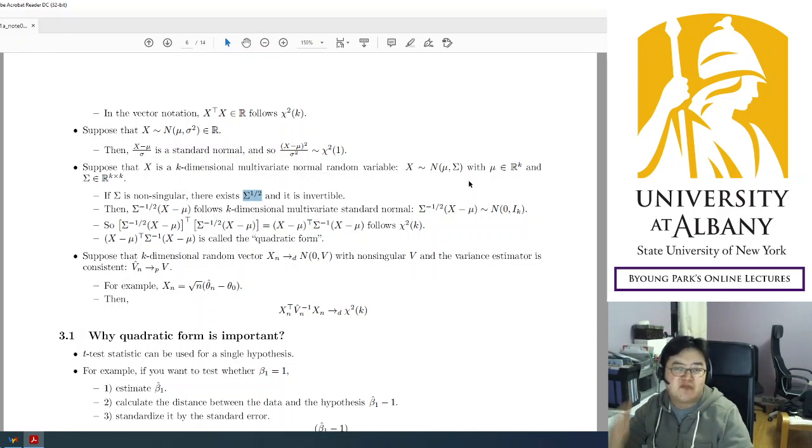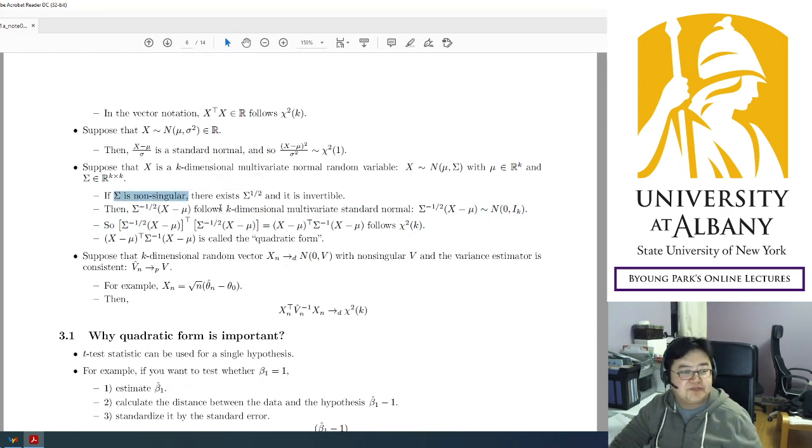Sigma to the exponent of 1 over 2 is also invertible, so we may define sigma to the exponent of minus 1 over 2. For these to be well defined, sigma must be non-singular.